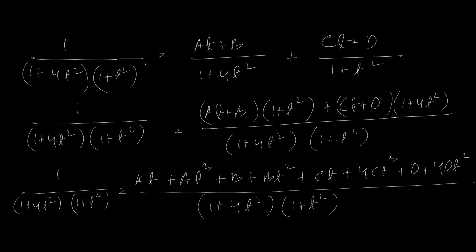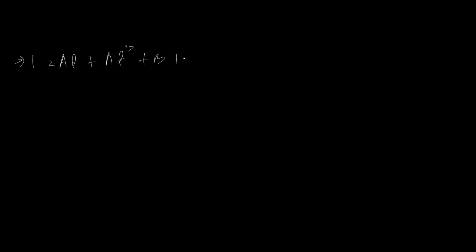Ultimately I will get 1 is equal to at plus at cube plus b plus bt square plus ct plus 4ct cube plus d plus 4dt square.